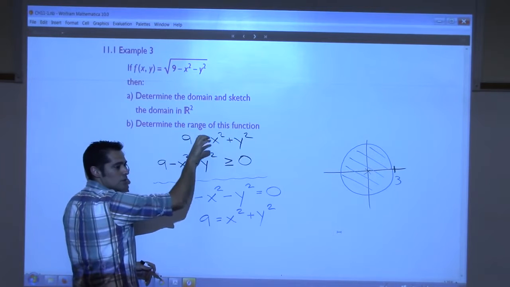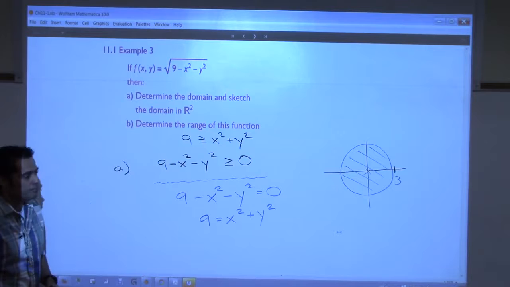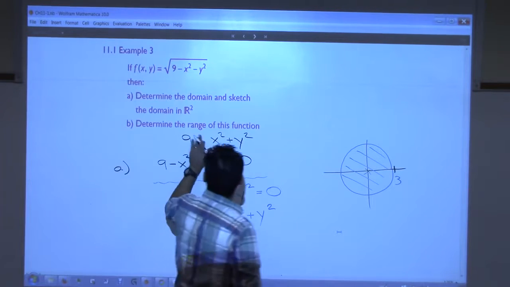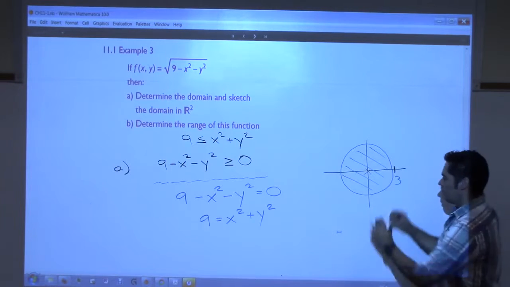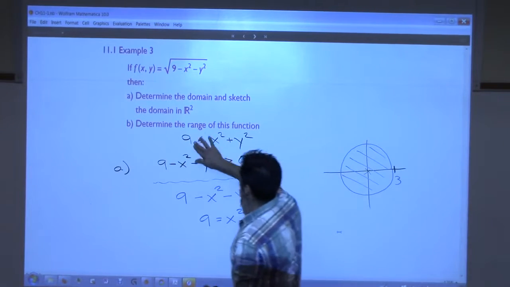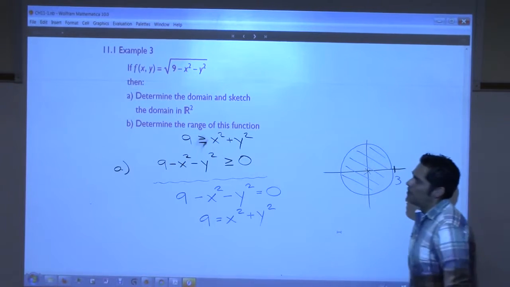You basically get all circles going down to 0. Understand? If you flip this inequality, what would it do? It'd be outside the circle, right? Okay. All right, what about the range?